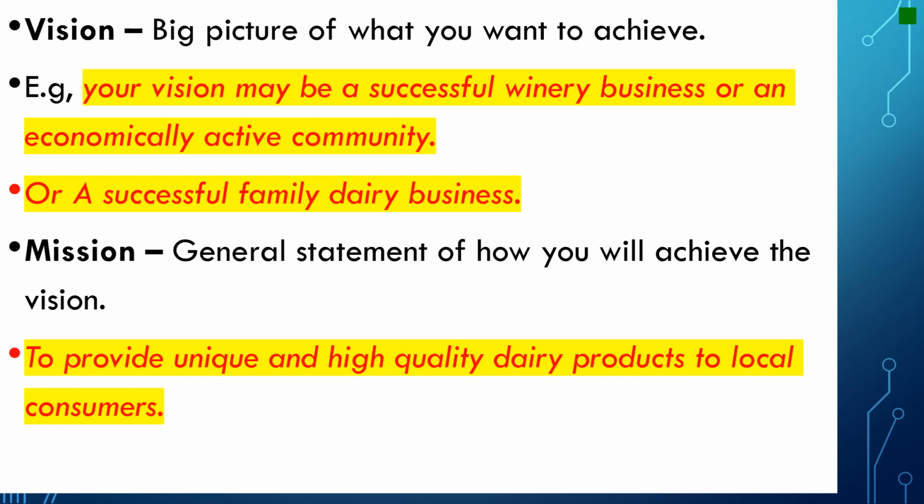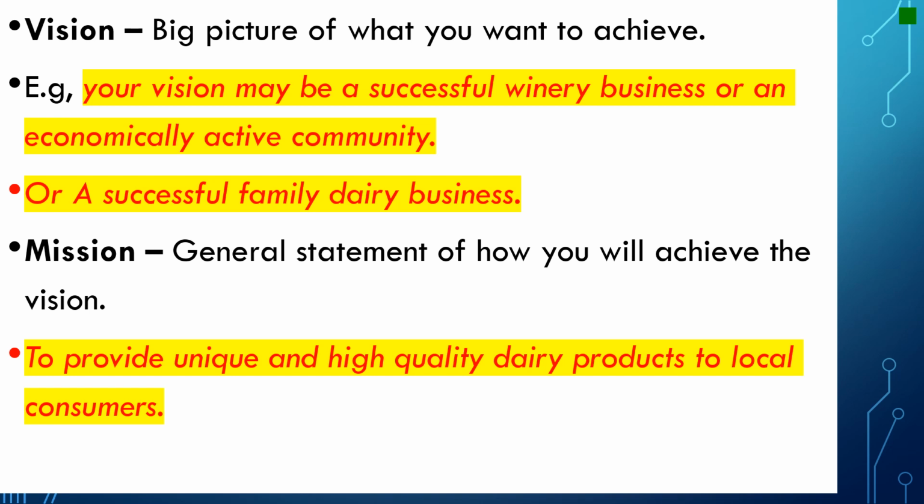For instance, the vision is the big picture of what you want to achieve in your business, such as a successful winery business, or an economically active community, or a successful family dairy business. All these are examples of visions you might decide on.